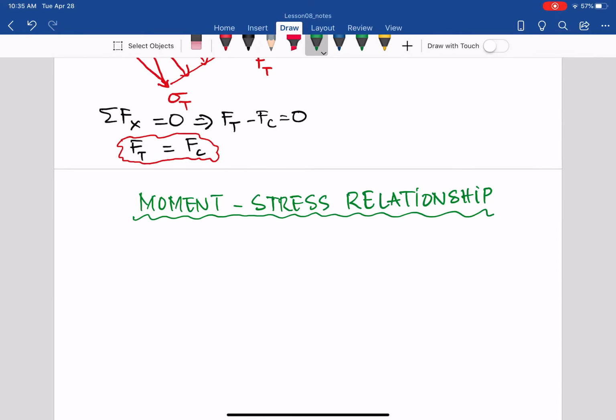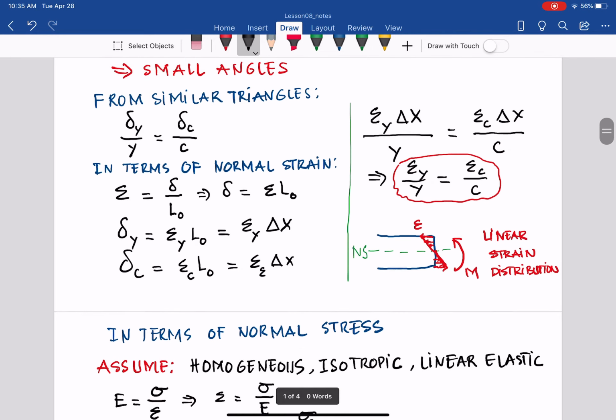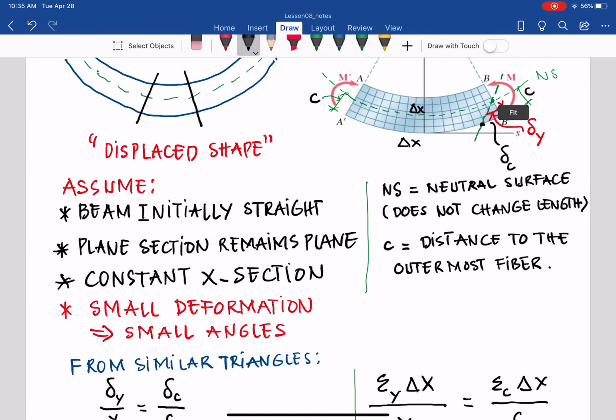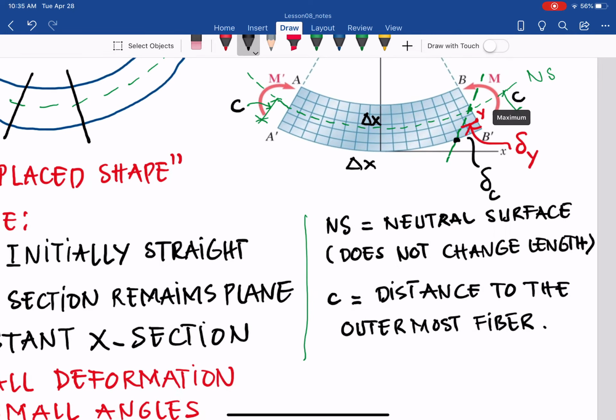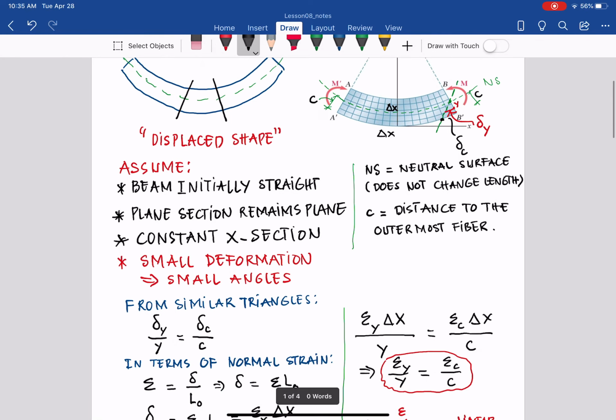As we already know, the moment equals the force times the perpendicular distance, or moment arm. If we take any small portion on the cross section at position y, and integrate throughout the cross section, you will get the moment applied on that section.